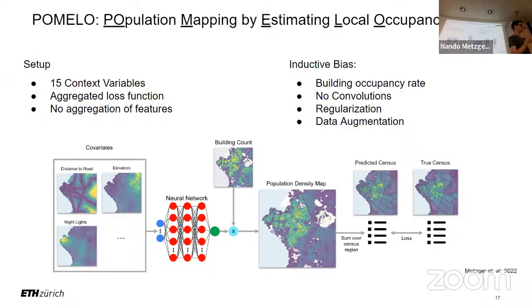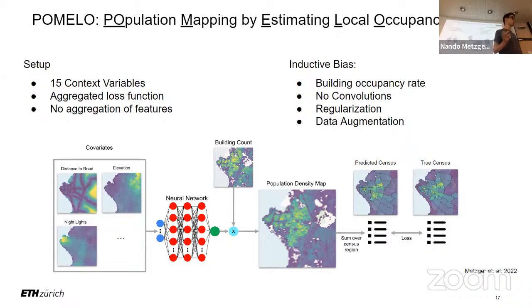In an ideal case, the network learns to identify those buildings and then puts the occupancy rate to 0. I wish I could say this, but we checked the maps and it's not like this. I think if we had enough training data, we could learn to ignore those buildings.